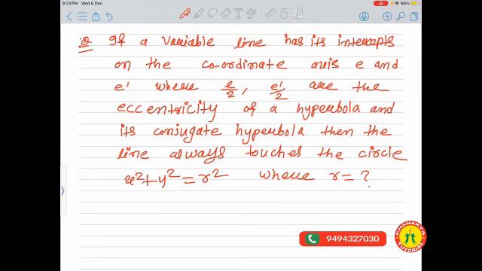Then the line always touches the circle, so we need to find the r value. Try to do. It's a very good question.